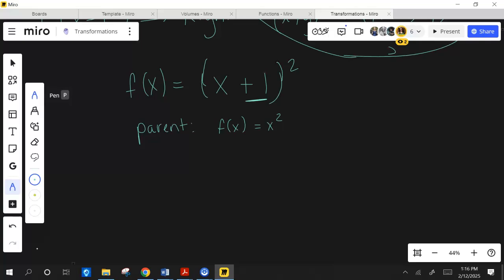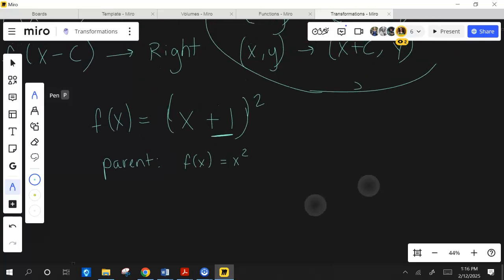This is what it looks like when it's hooked to the X. This is not the same as that one. This one is up 1. This one is a left-right shift. Do you see the difference? It's because it's in parentheses with that operation.